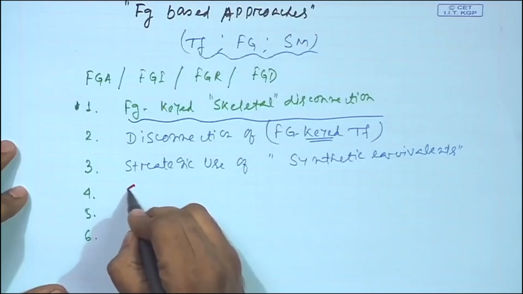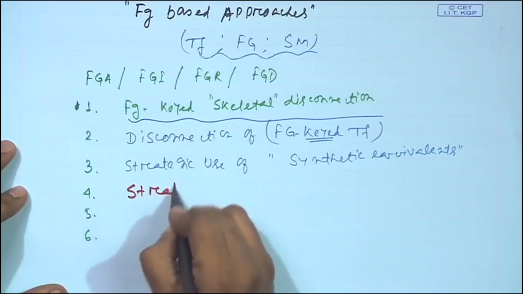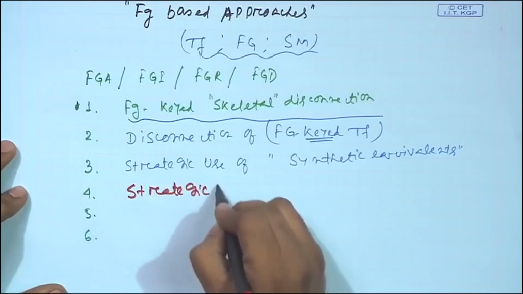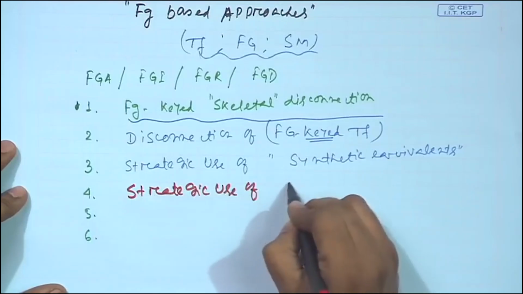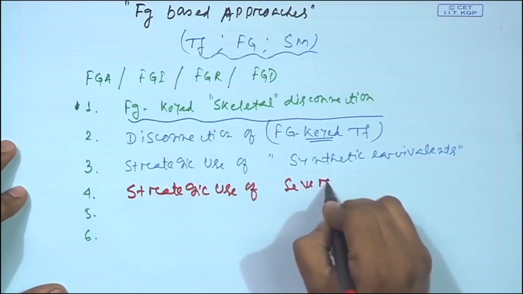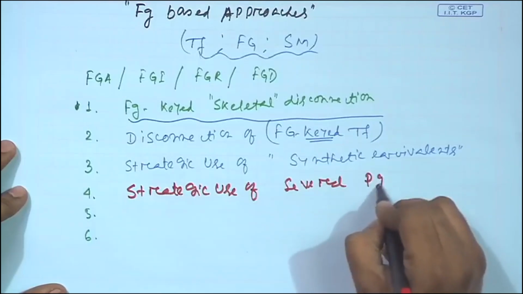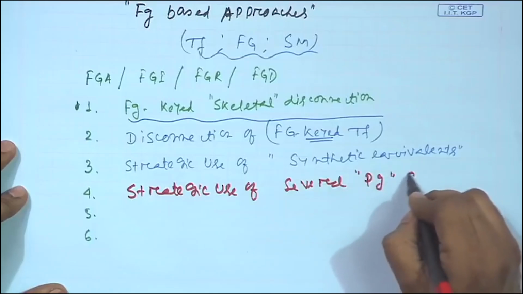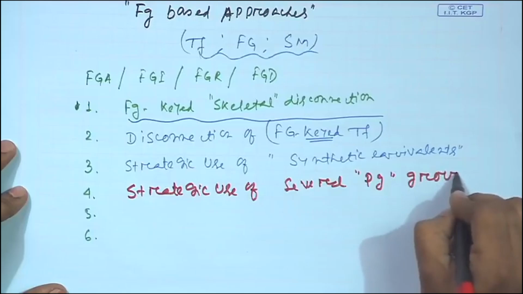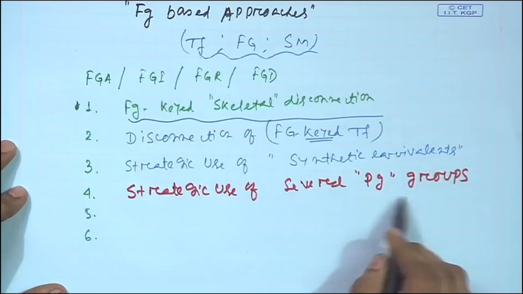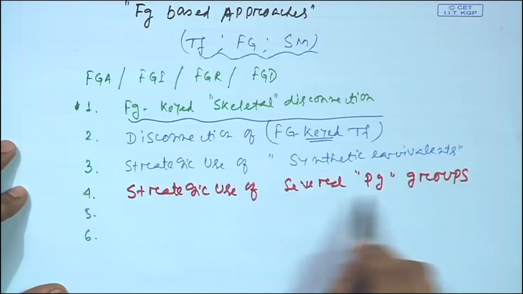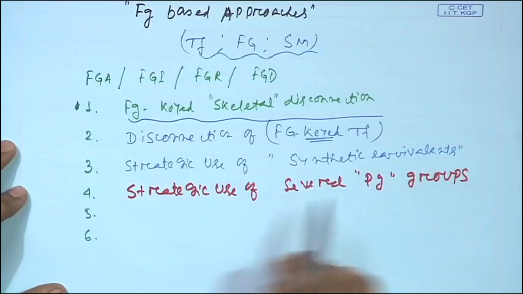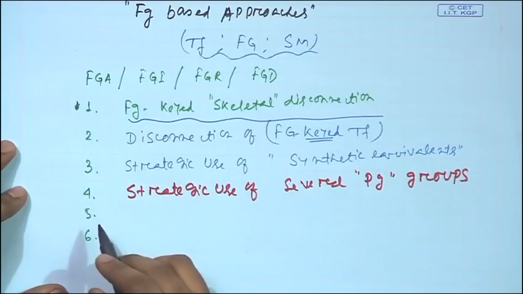Number 4 is very important: we will explore the strategic use of several protecting groups. We will spend a few lectures on protecting group chemistry and have a general discussion. We already discussed what protecting groups are, and a few protecting group based transformations have already been talked about.